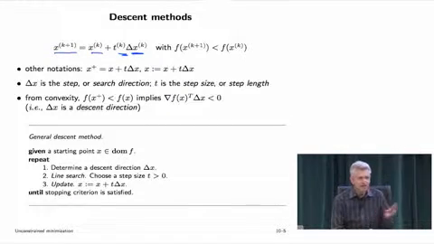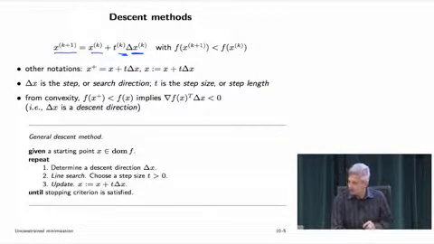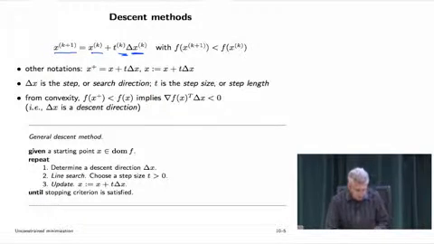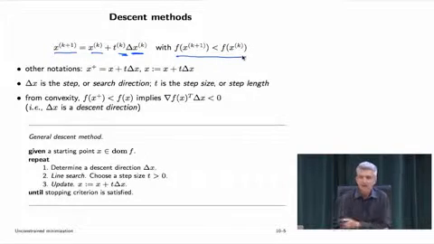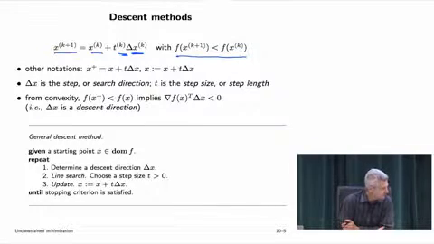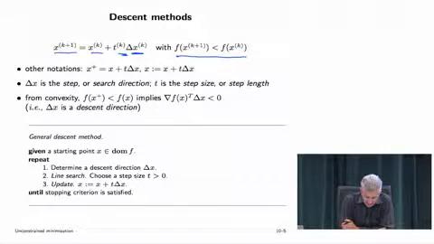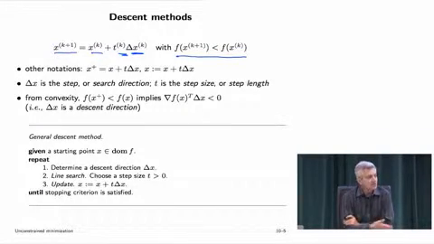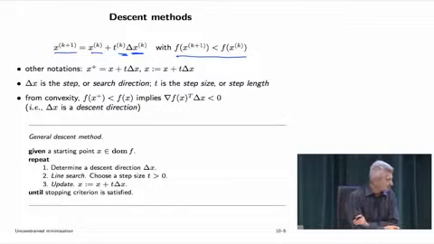People write it other ways, but anyone would understand this. And it's a descent method because when you run this method, the function value goes down at every step. Now, whenever you have an iterative method, and especially one that actually works, the analysis of it usually hinges on some quantity which is decreasing.